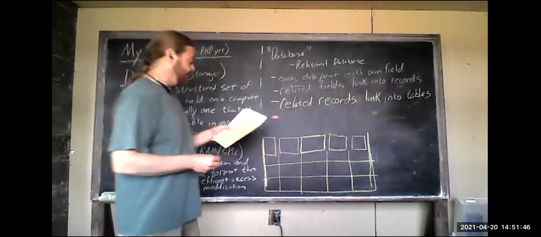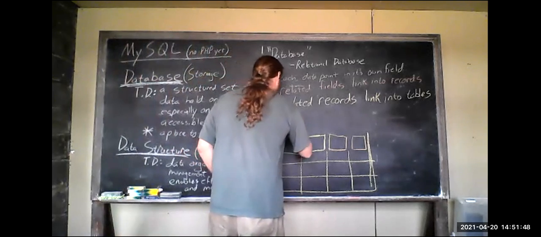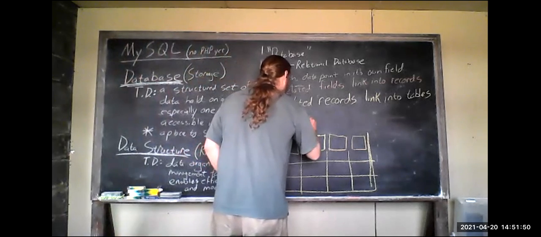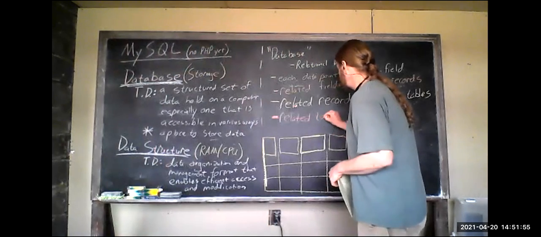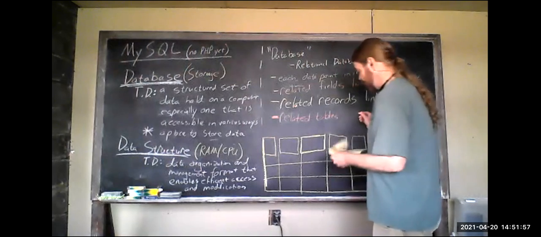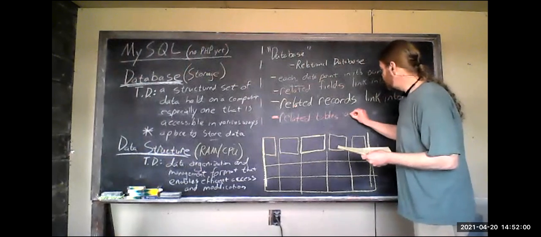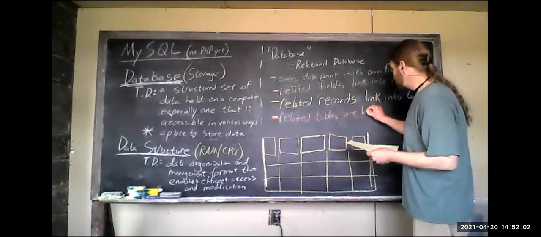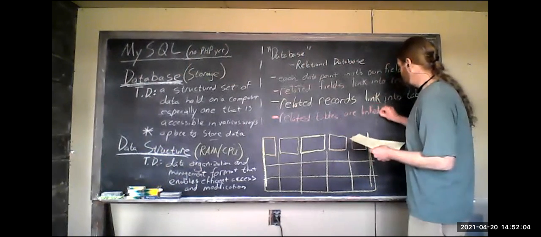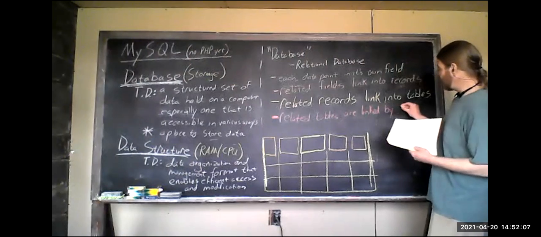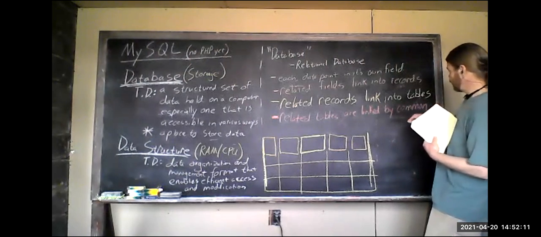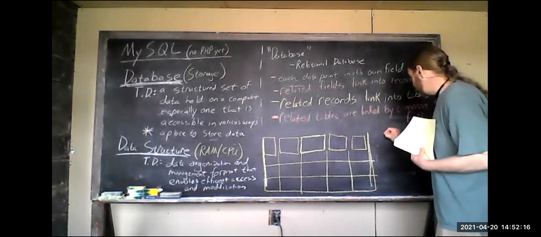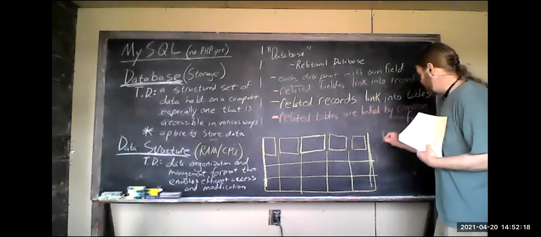So then our fourth point is related tables are linked by common fields. So then somewhere over here, we have another table.